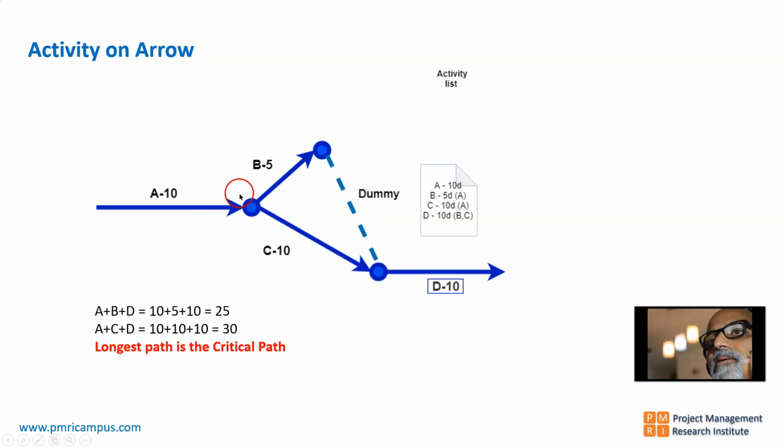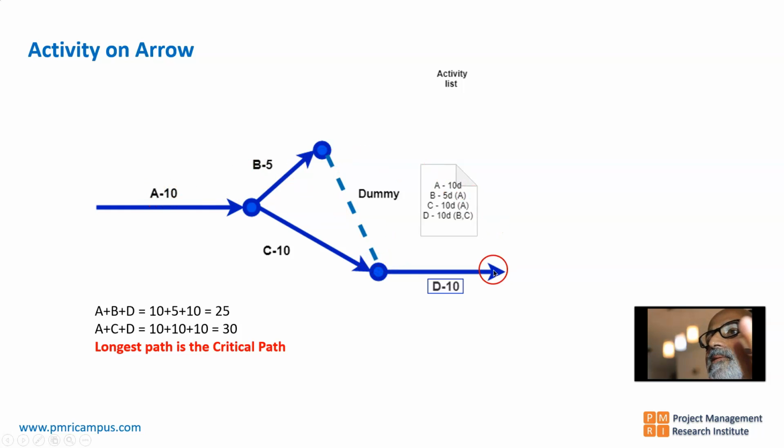B can start only after A, C can also start only after A, and D can start only after B and C. So to show that dependency that D can start only after C and B, I'm using this dotted line. This dotted line is known as a dummy activity. Dummy activities don't have any duration by themselves.